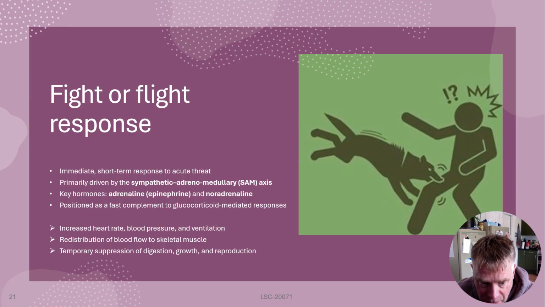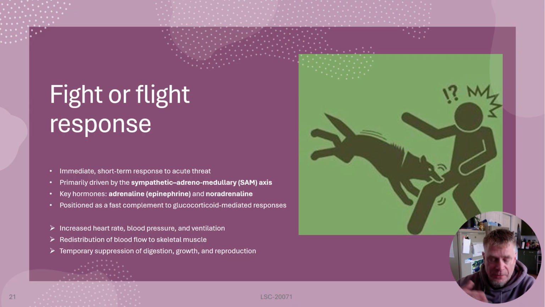It's primarily driven by the sympathetic adrenal medullary SAM axis. The key hormones in that are adrenaline and noradrenaline. It's a fast response. It's complementary to the glucocorticoid-mediated responses, which are a bit slower.